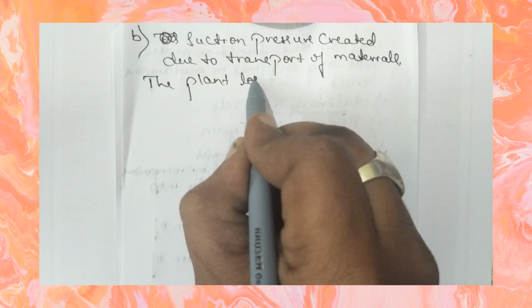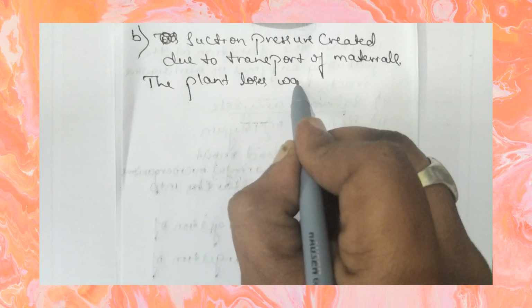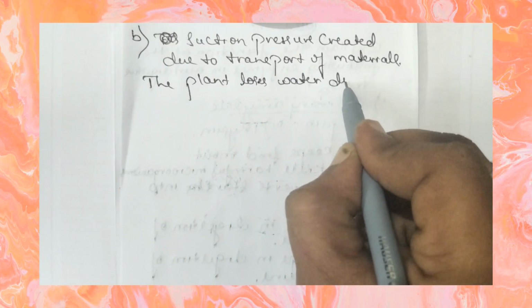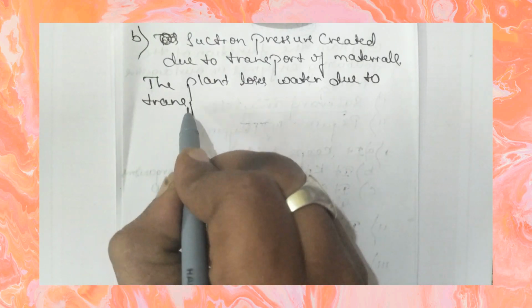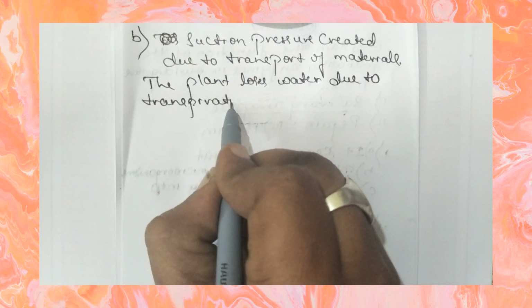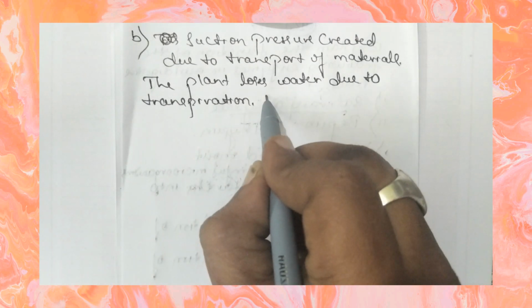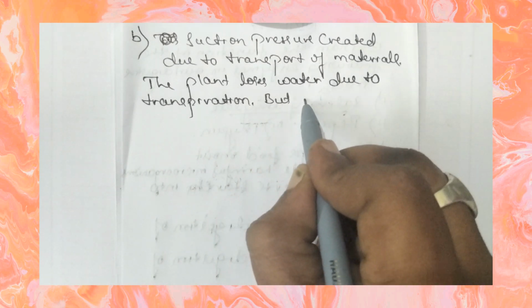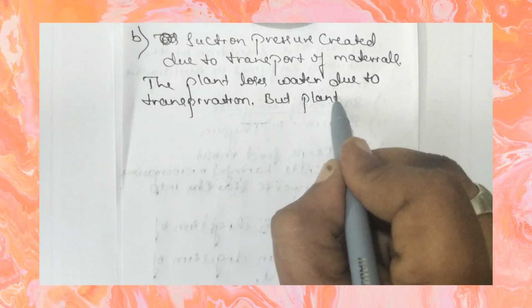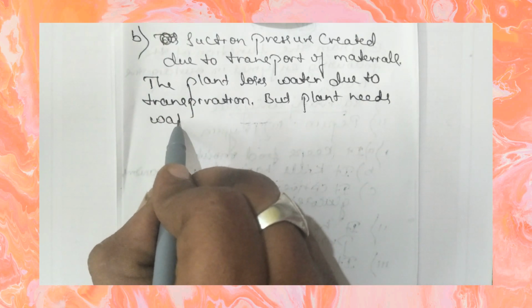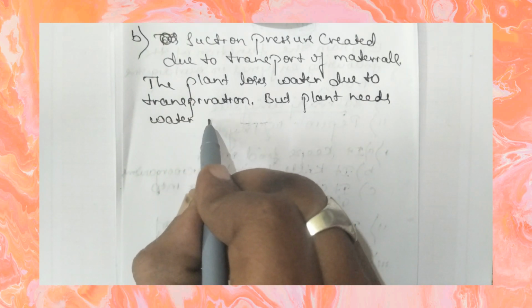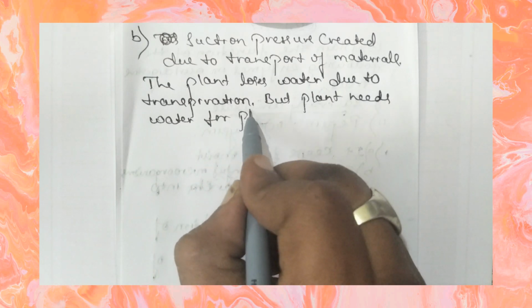The plant loses water due to transpiration, but the plant needs water for photosynthesis.